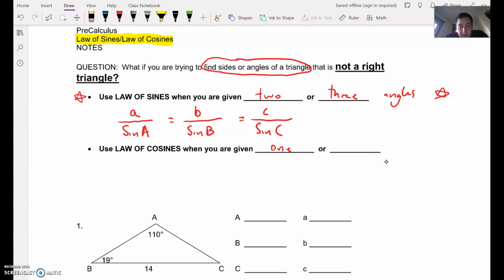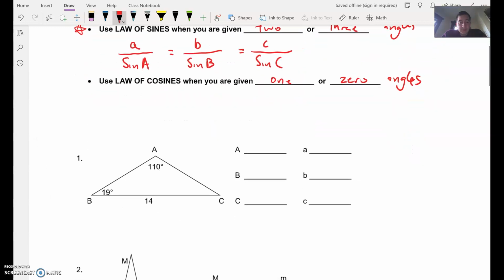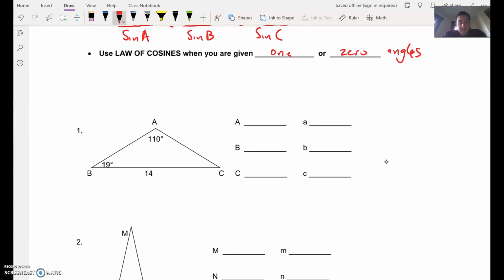I should probably say this: 1 or 0 angles. So there's actually a way to solve for all of your angles if you're given the side lengths instead, which we'll do. So look at number 1. 2 angles.